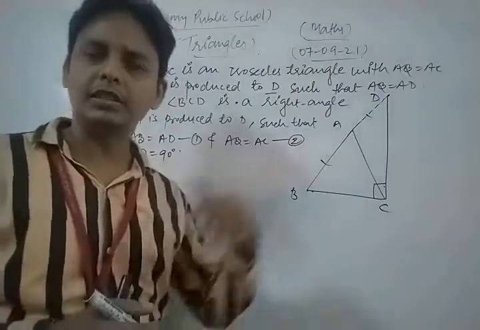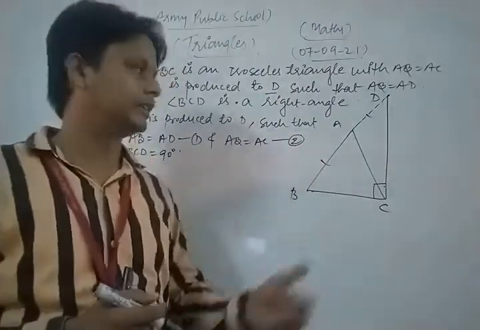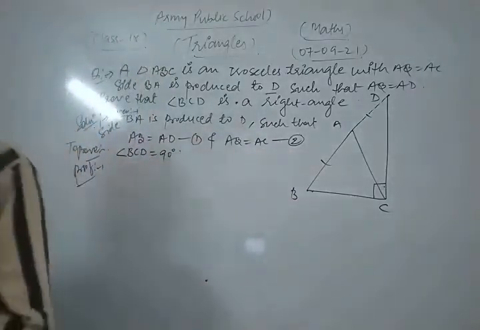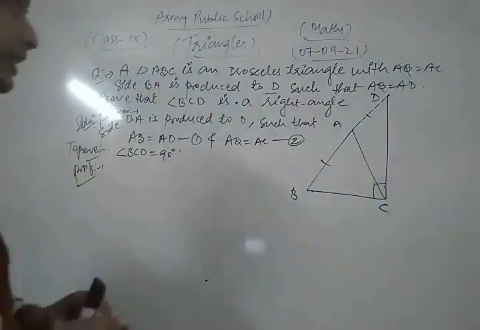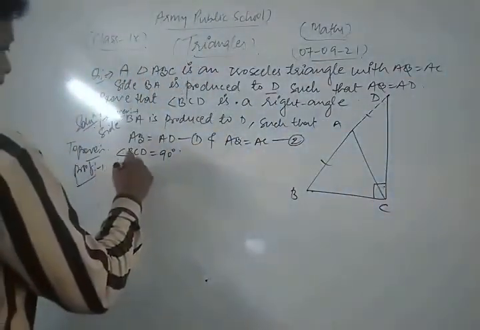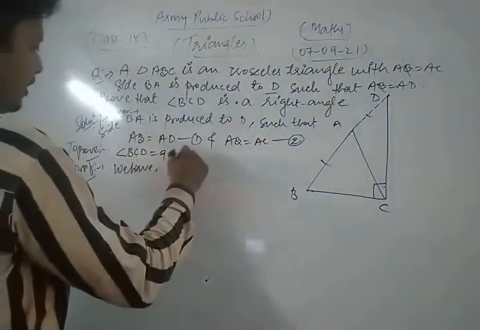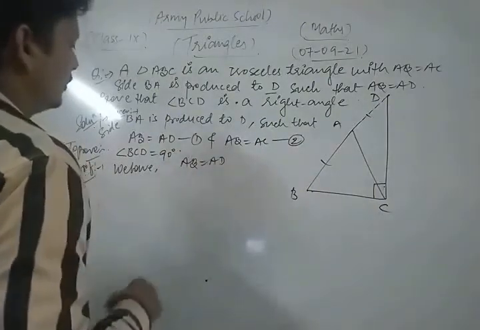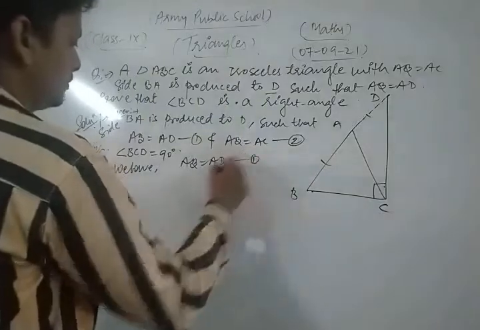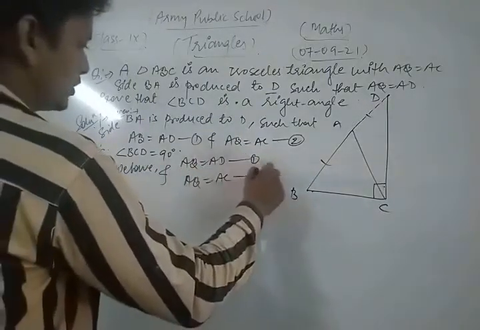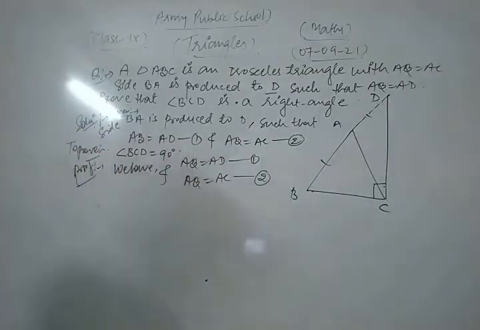If we show that angle BCD is 90 degrees, then it is clear that it is a right angle. So from the given we have AB is equal to AD, which is equation 1, and AB is equal to AC, which is equation 2.